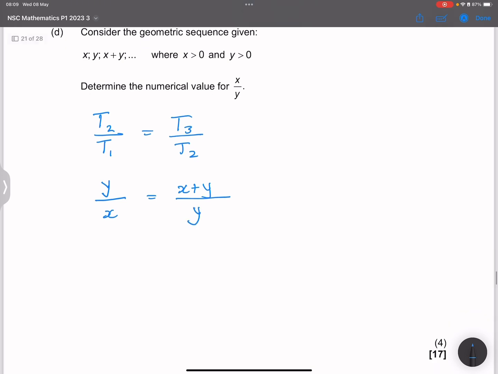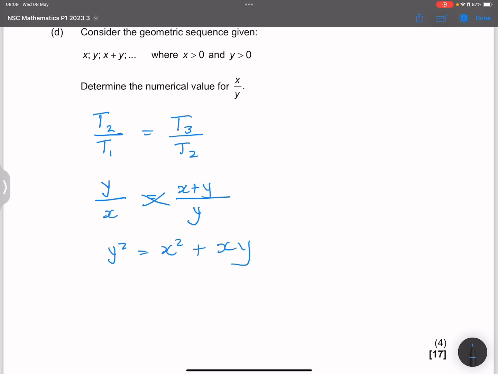Let's cross multiply and try to solve that. So we've got y squared equal to x times x plus y, so that's x squared plus xy. We were looking for the numerical value of x over y.